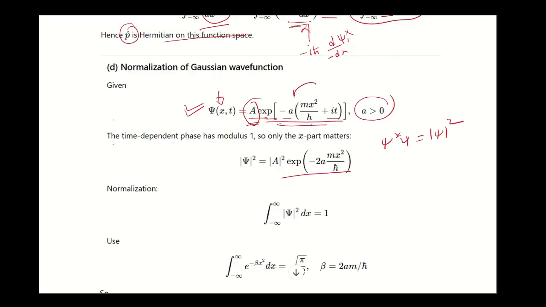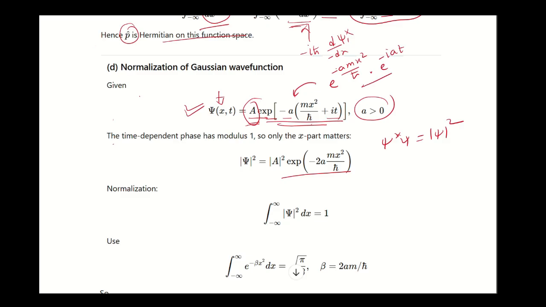If we break this part, then we get e to the power iota a m x squared by h cross, there is no iota, so it will be e to the power minus a m x squared by h cross. This is the first part of this exponential, and the last part is e to the power minus iota a t.